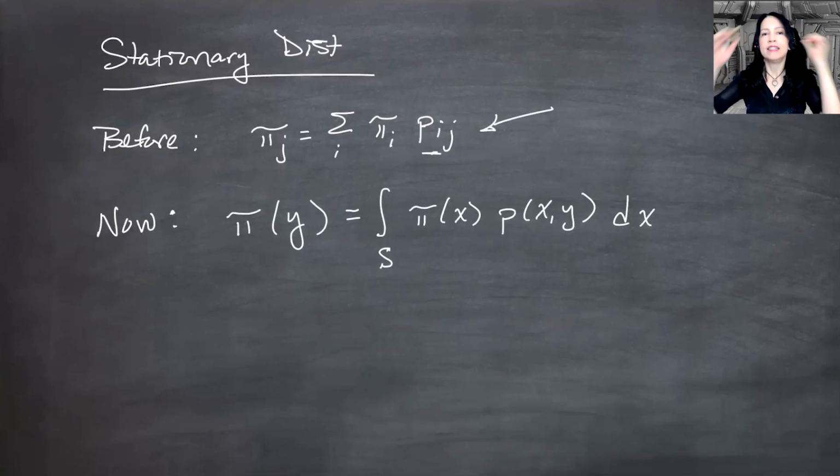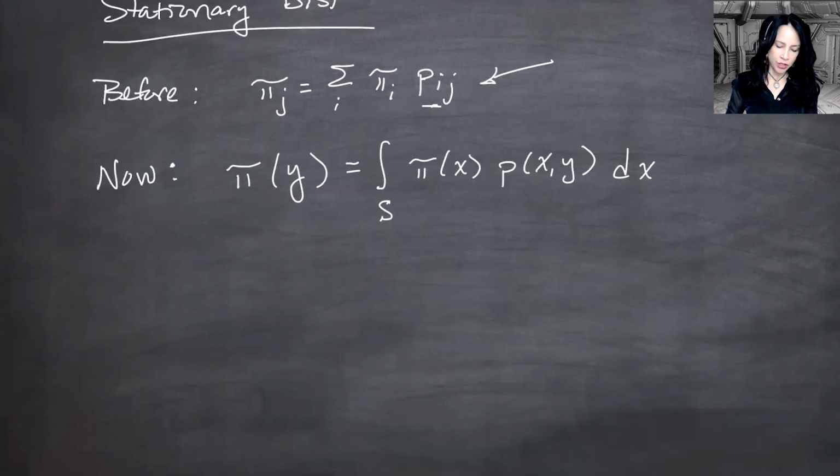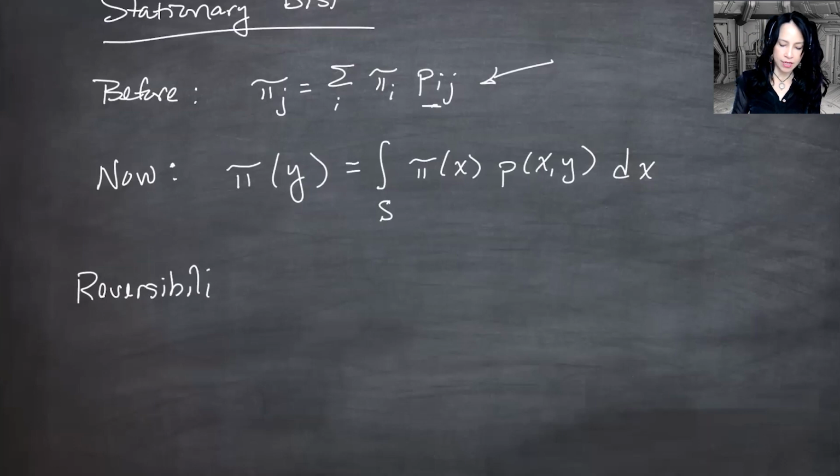Okay, so in this discrete time case with a continuous state space, we do have the idea of detailed balance or reversibility. I'm going to call it reversibility this time. Same thing as detailed balance.